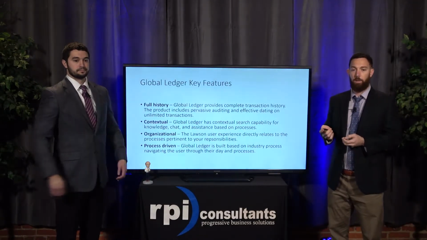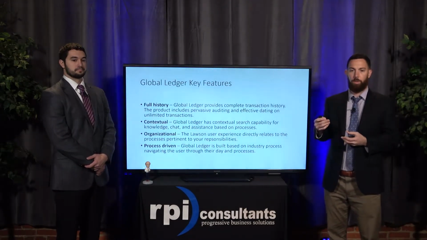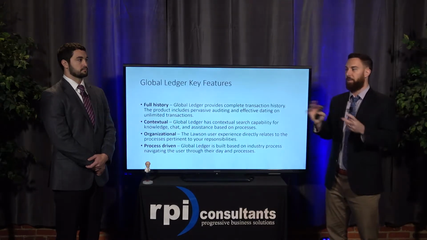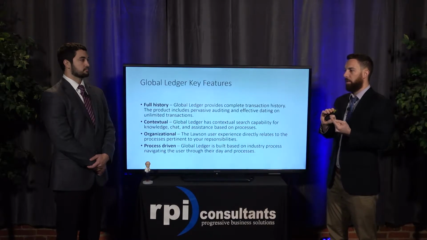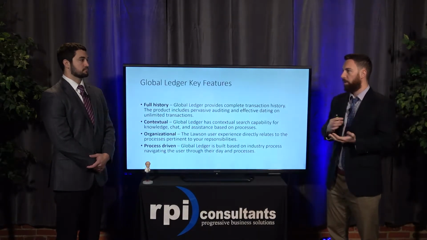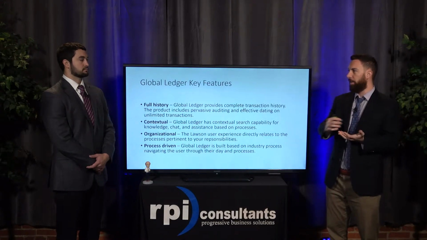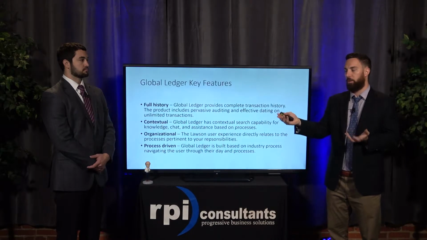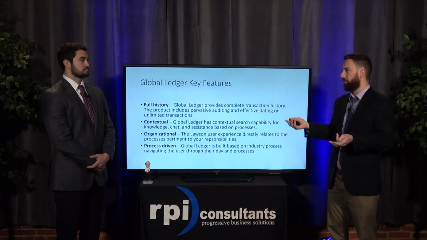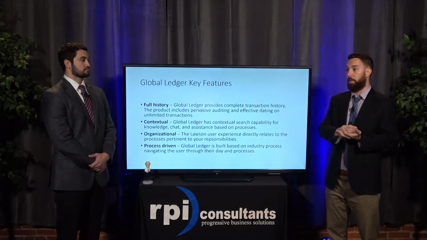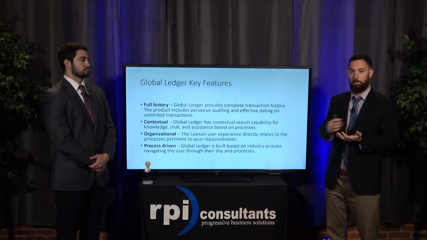Process driven, so we'll get more into the global ledger, but it's built around industry process. Kind of two things here. One example is when you go to set up a finance enterprise group, it just walks you through it, right? There's a wizard that aids you in creating that specific setup piece. So setting things up in Lawson is easier than usual because you have this wizard.